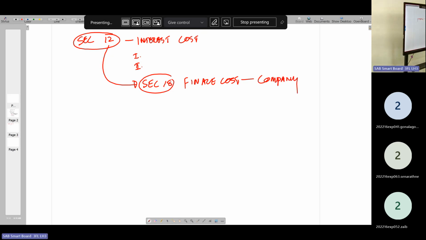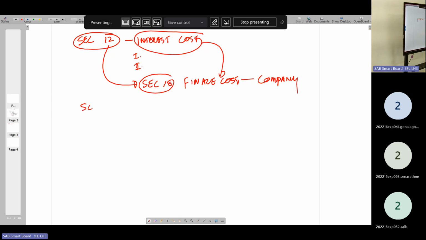We call it the thin capitalization rule. It says the maximum amount to be deducted in that particular year. So first, in the case of interest, all the criteria in section 12 need to be satisfied. If it is a company, there will be a maximum limitation for a year. The excess can be carried forward and deducted subject to the same limitation. So that is section 12 and 18.